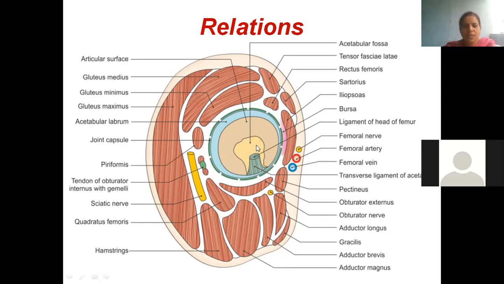See, this area is actually the acetabulum. Okay. And here we have like lunate surface, which is half moon shaped, right? So that is the articular surface. This point is for transverse acetabular ligament, to which we know like ligament of the head of the femur is attached. See, margins of the acetabulum, we have acetabular labrum.